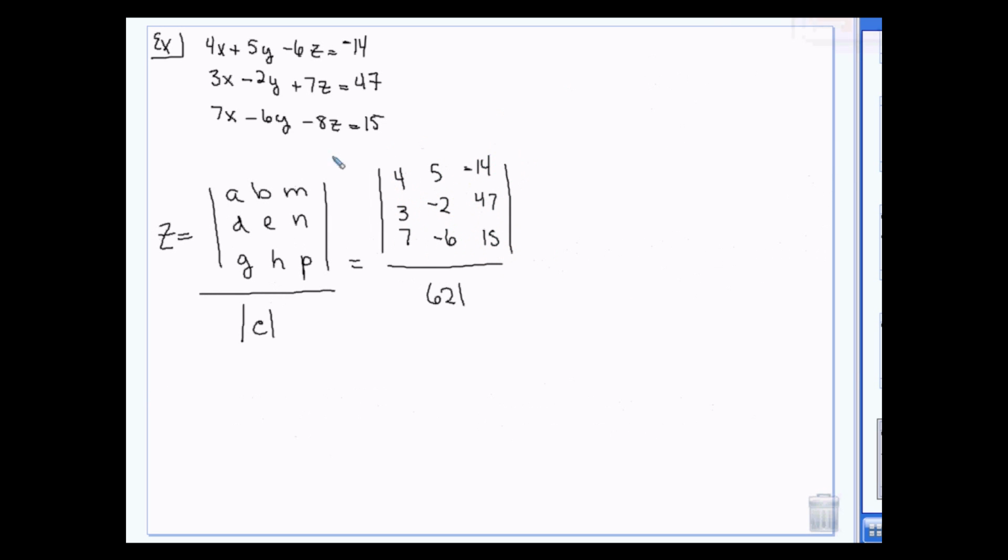Okay, so with z, I plug in all the numbers, and you know that 4, 7, 15 just kind of moves over as you go. And then again, my 621 I already know. I'm going to rewrite my first 2 columns. I do my down diagonals first.